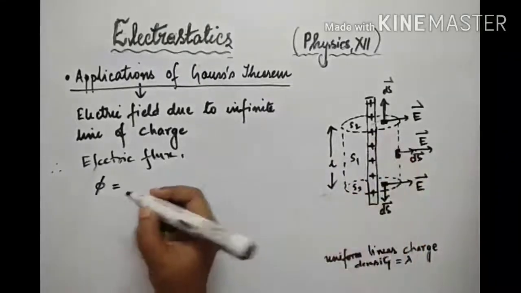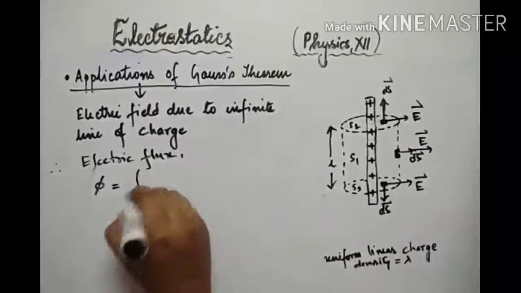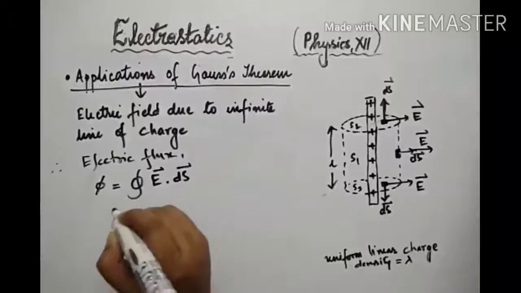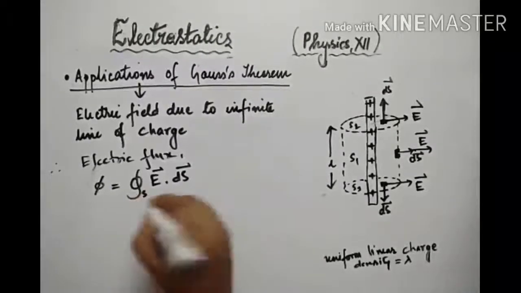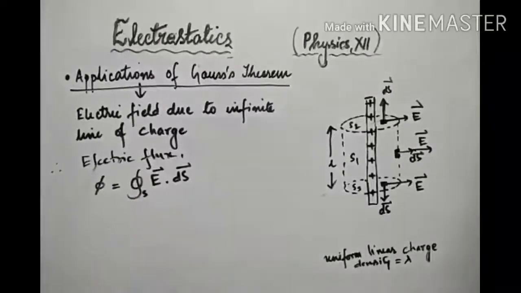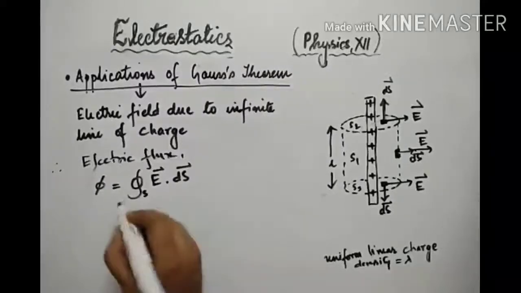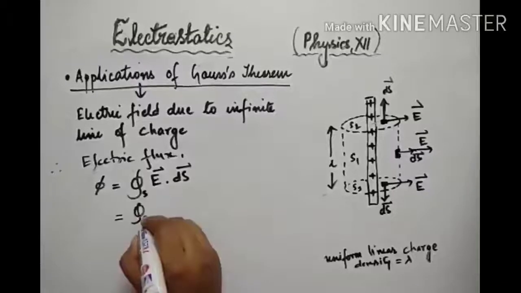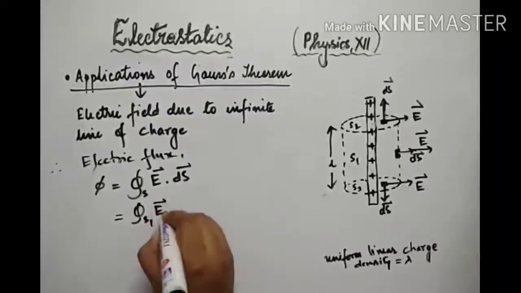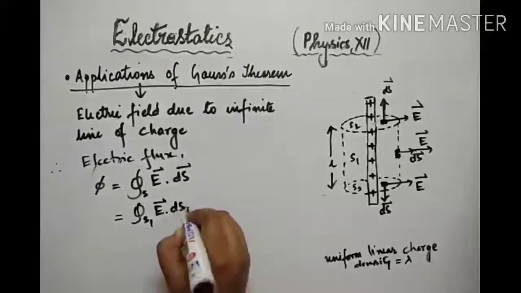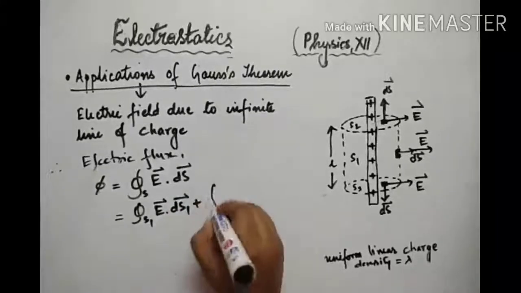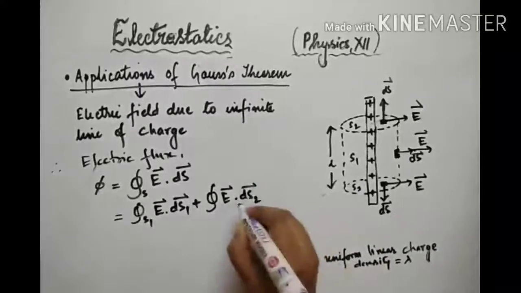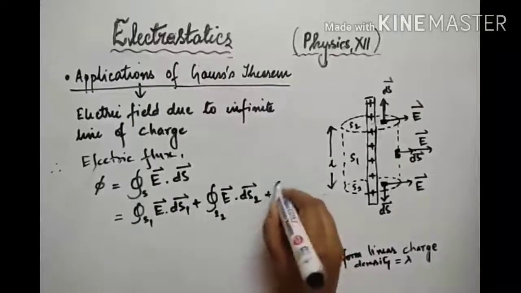So we have already drawn. So phi will be given as the closed integration of E dot dS. This is a surface integral, so we can put S here. Then we will write the integral over S1 of E dot dS1 plus the integral over S2 of E dot dS2 plus the integral over S3.